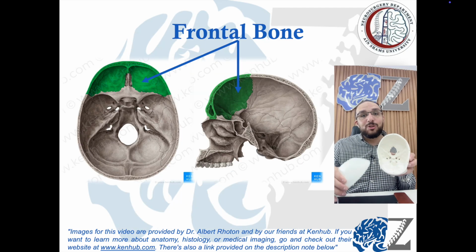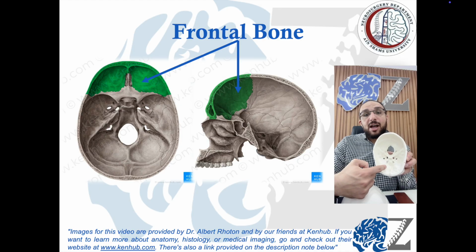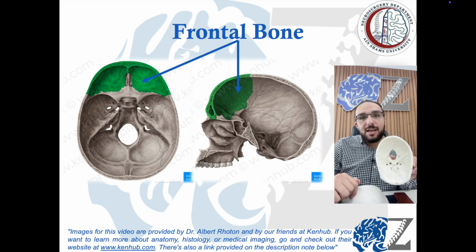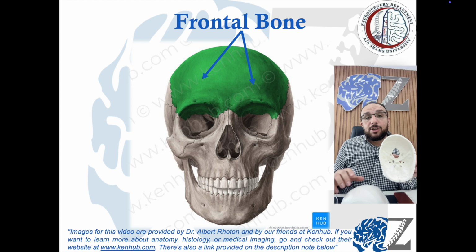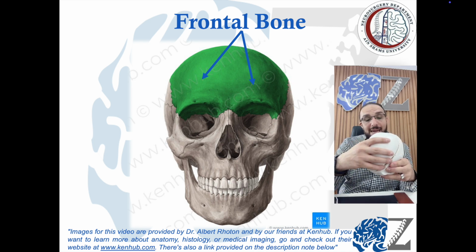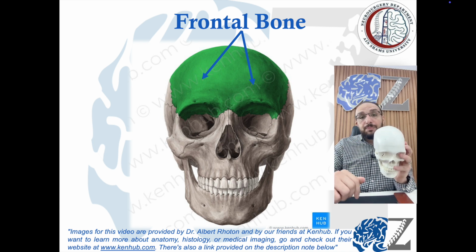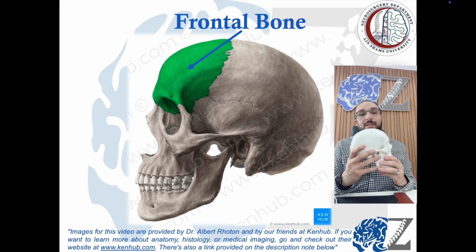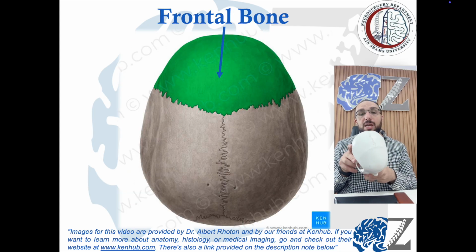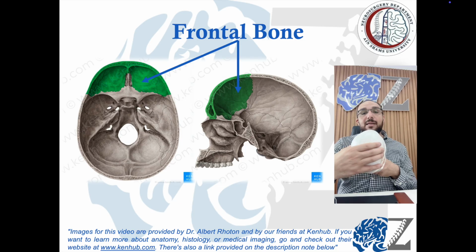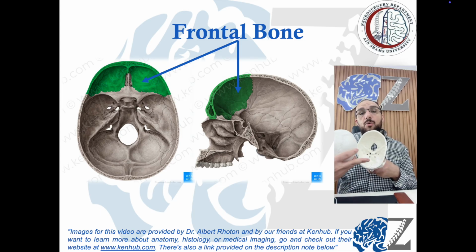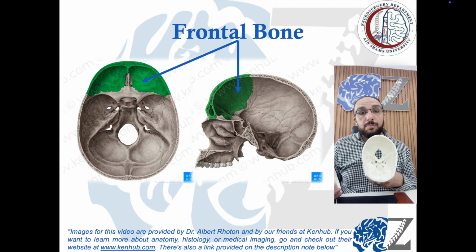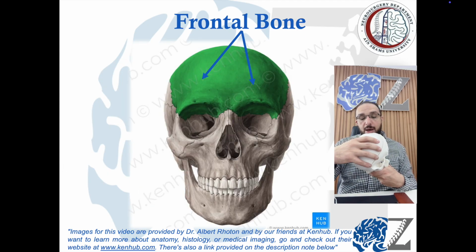And I also can see the frontal bone if I look at the skull base from inside. So we have 4 views in which we can study the frontal bone: from the anterior aspect of the skull, from the lateral aspect, from the superior aspect, and when we study the skull base or the anterior cranial fossa, we can also see the frontal bone. How amazing is that?